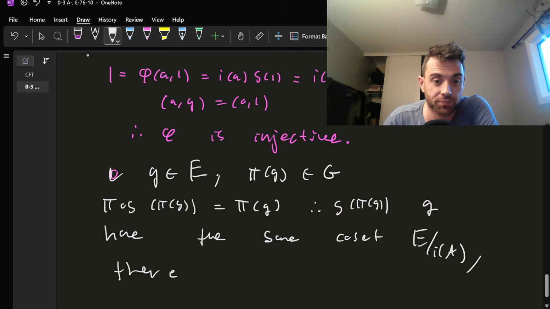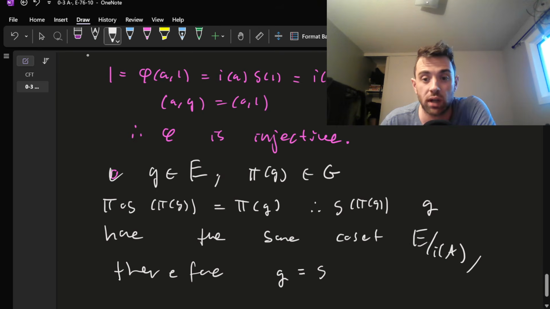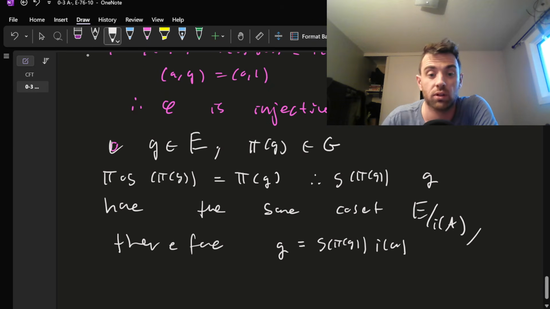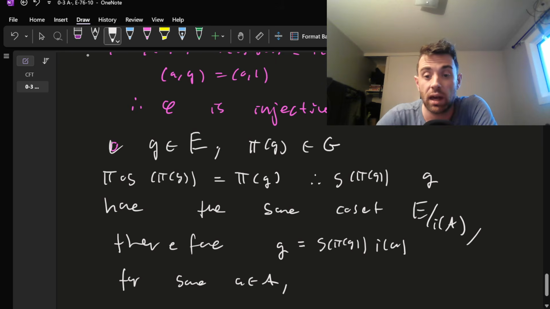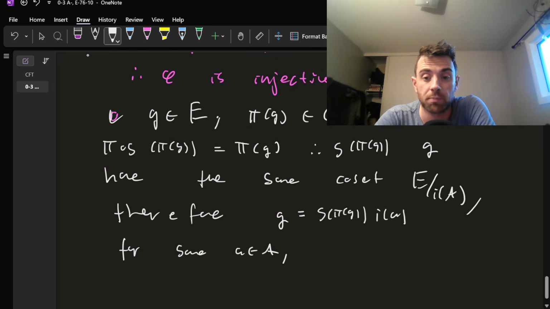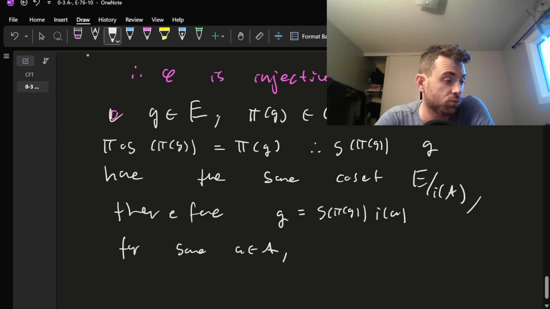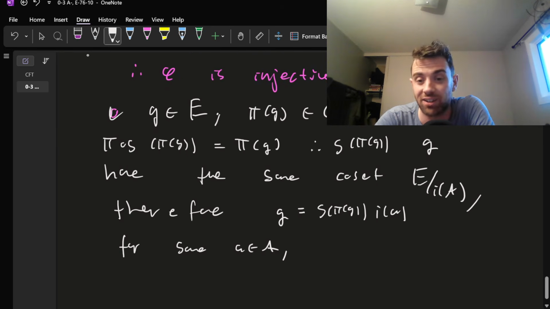Therefore, we know that G is equal to S of pi G times IA for some A. Hence, well, and then we're done.